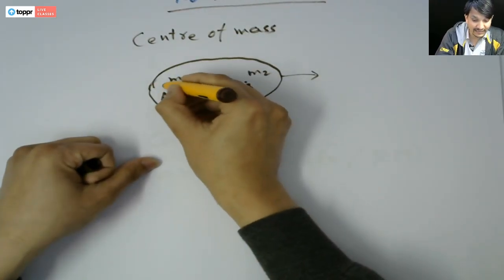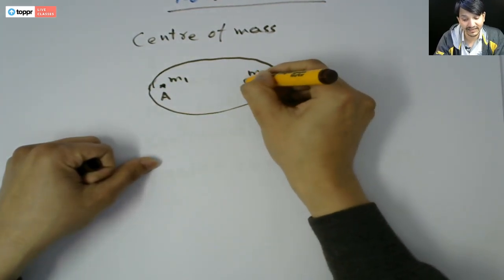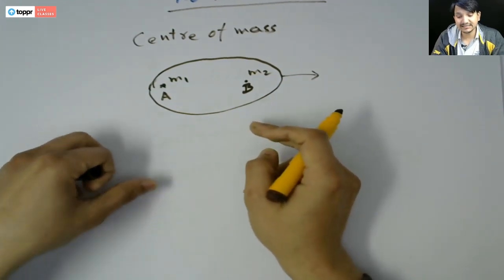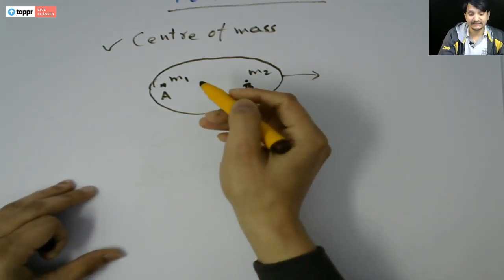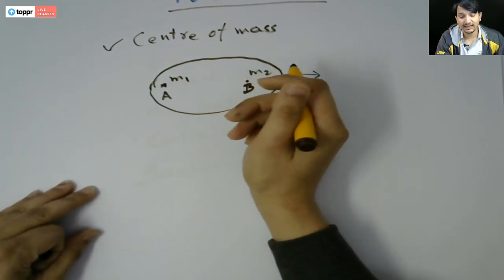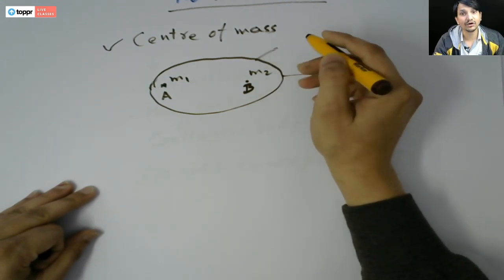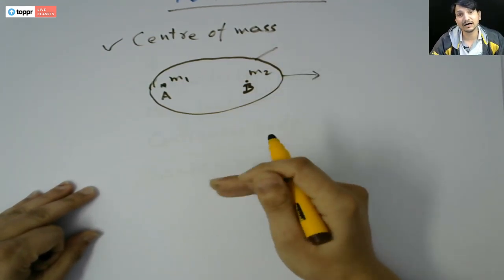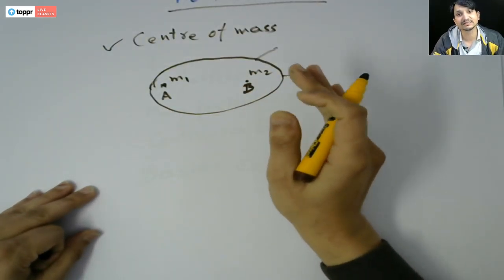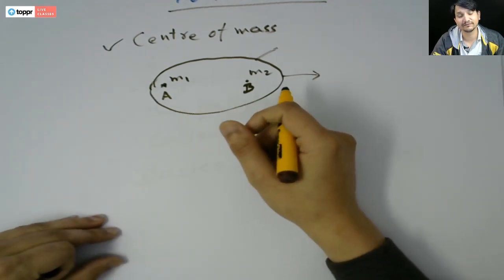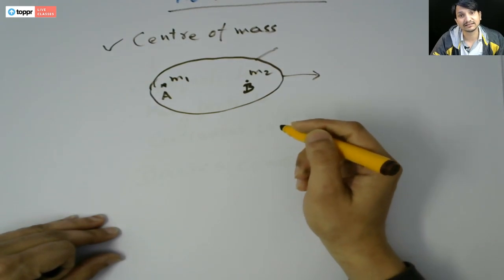Would I consider that the mass is here at A or at B? This is answered by the concept of center of mass. Center of mass tells us that when some external force or other factor affects this system of masses, how this system of masses will act.